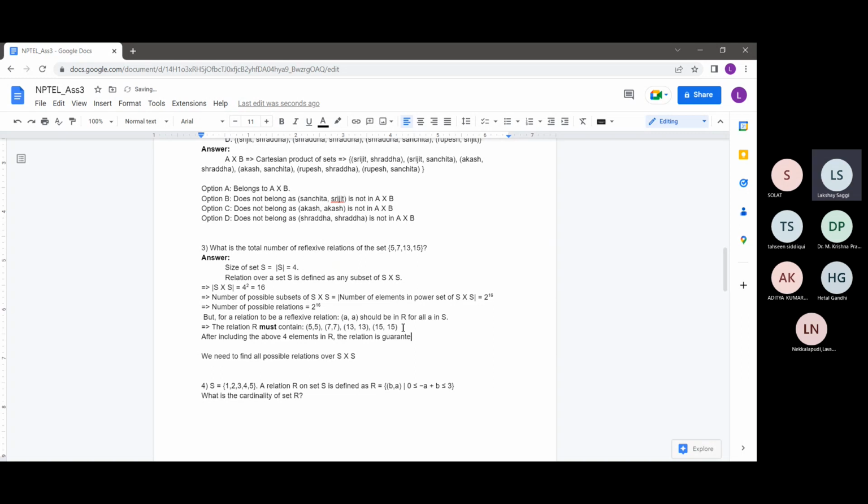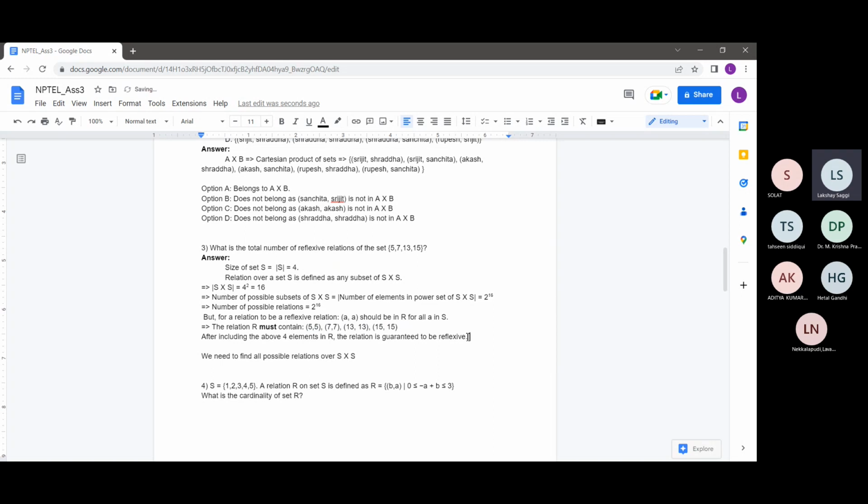You can see this easily, right? Because now I have fulfilled the condition that all (a, a) should be part of the relation. So the relation contains (5, 5), (7, 7), (10, 10), (15, 15). So it is guaranteed to be reflexive.